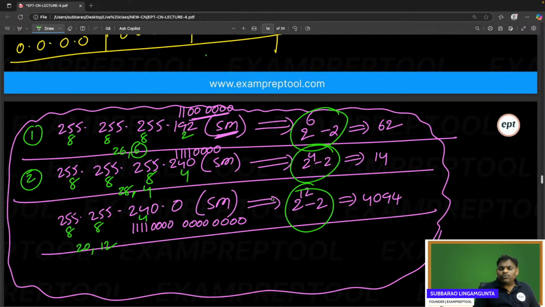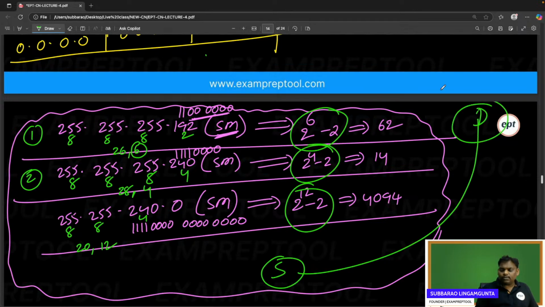So what I mean to say is, everyone observe, when the packet is going from source to destination, in between it has to go through many people.